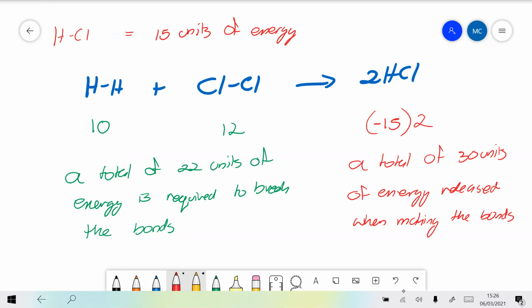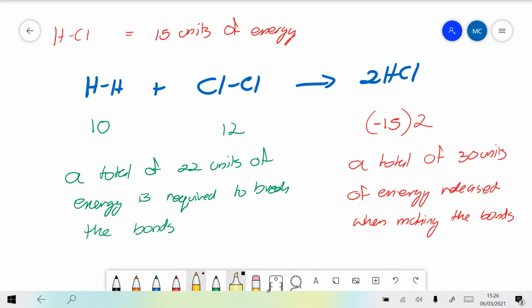And this is super important, okay? So, in this situation, I immediately wrote the negative in front of the 15 because I know this is going to be bond making. And because this is going to be bond making, then I'm going to be releasing energy. And therefore, this will be 30 units of energy being released. Okay, so this is something that we have to keep in mind.